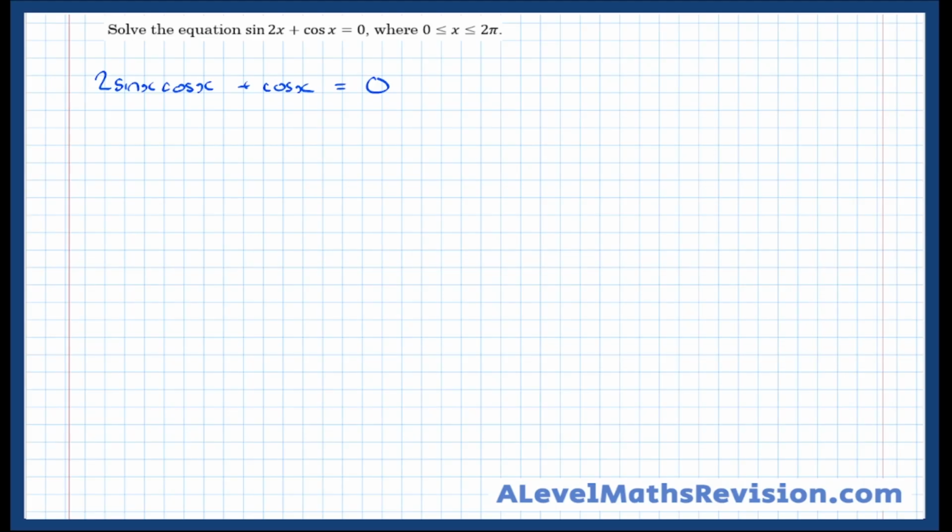So both terms have a cos x in common. If we take that out as a factor, like that, let's not forget the implication sign, which in turn implies that cos x equals 0 or sine x equals minus 1/2.